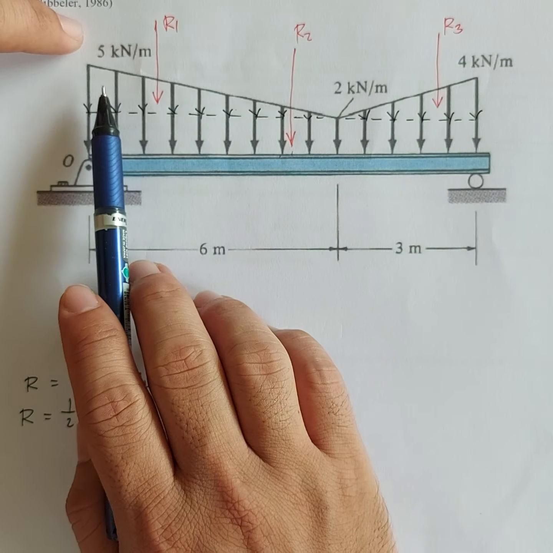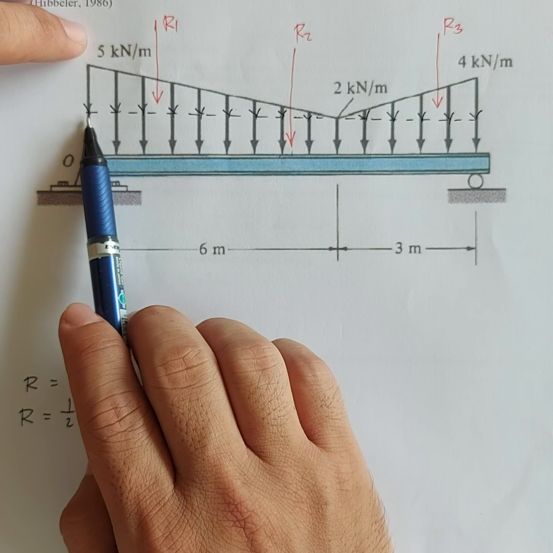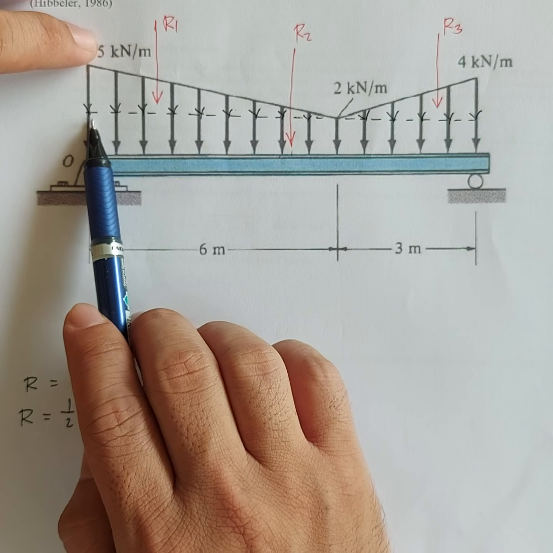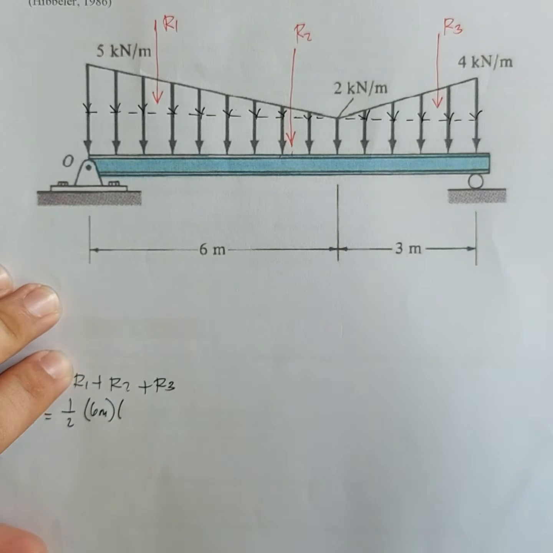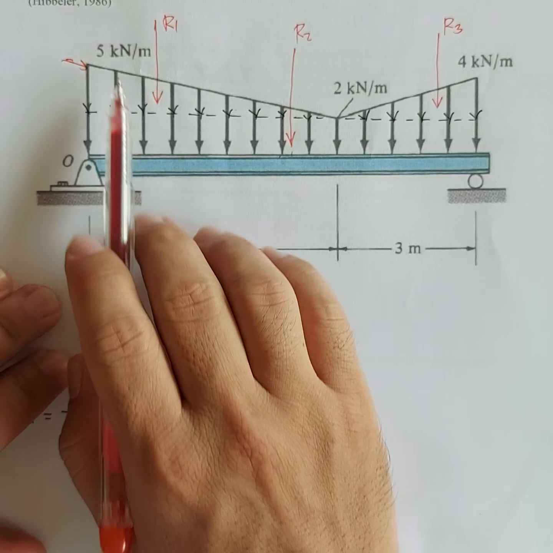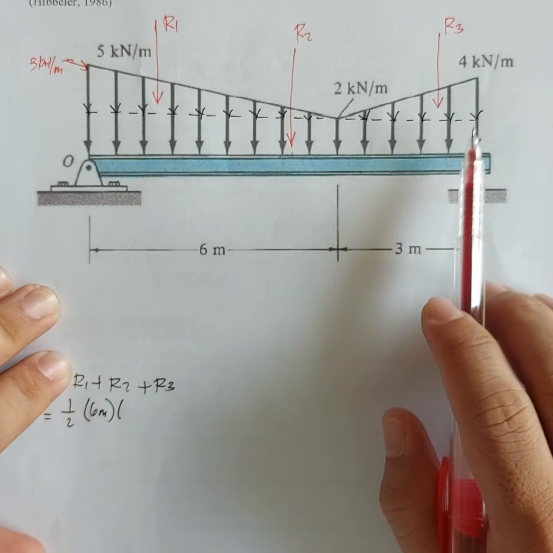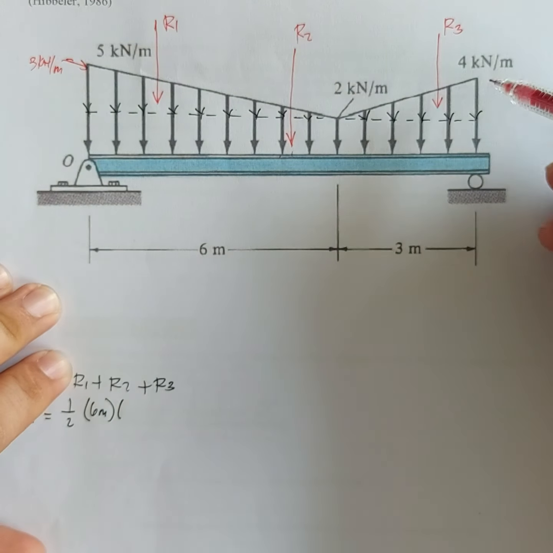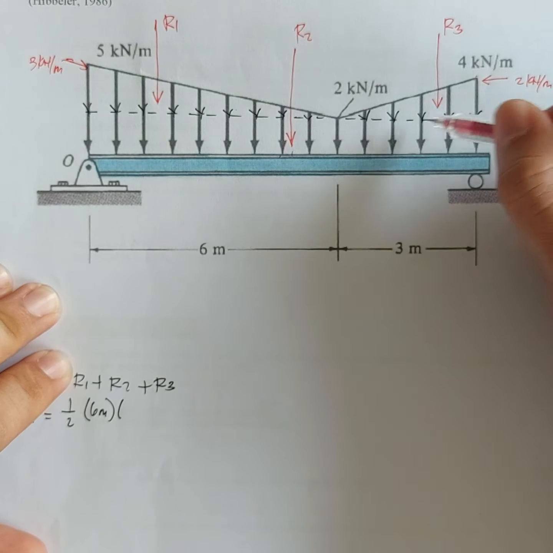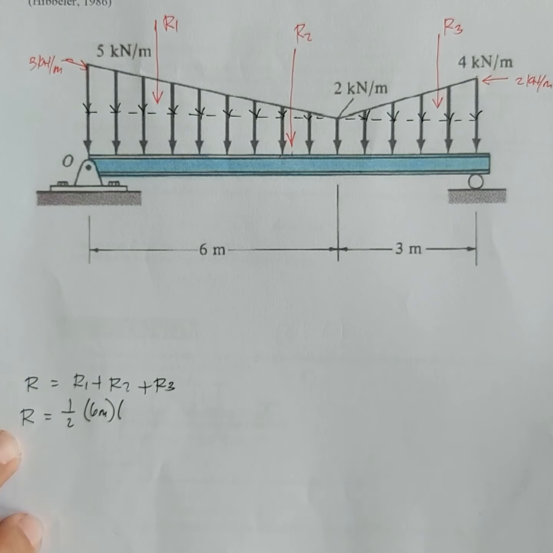Take note that our 5 is from this point up to this point, but for the triangular load, it's only here. So the intensity of this triangular load is 5 minus 2, that's 3 kilonewtons per meter. Same on the other side, this becomes 4 minus 2, so that is 2 kilonewtons per meter. The intensity of the rectangular load is 2 kilonewtons per meter.